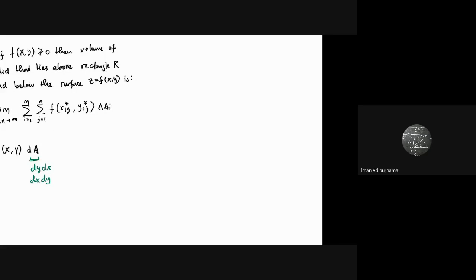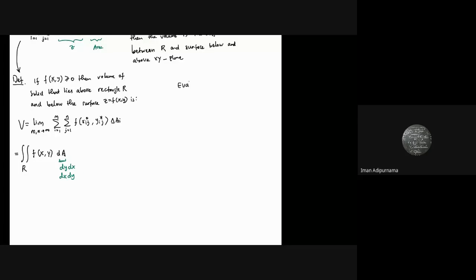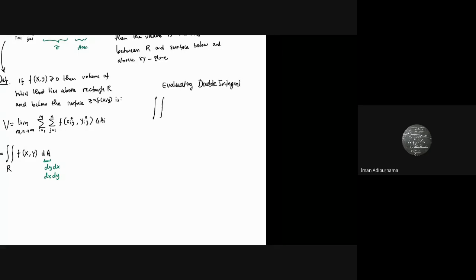So maybe here, evaluating a double integral. Let's say we have a function, and this is a, b, and then c, d. What this means is, I'm using another bracket here, or maybe a different color.